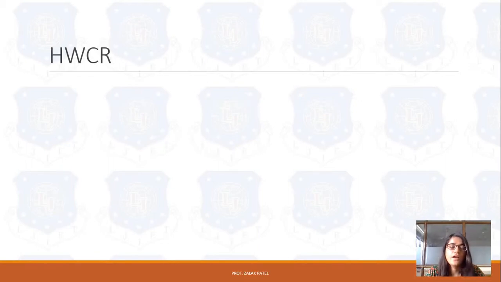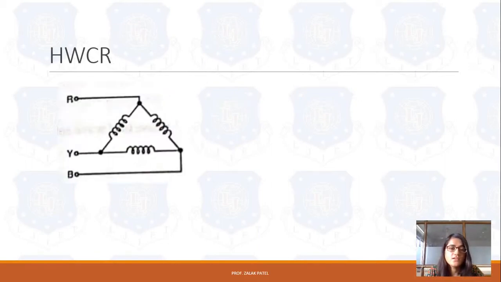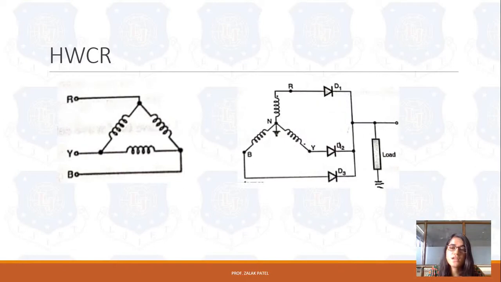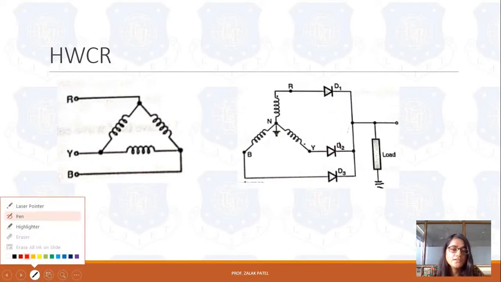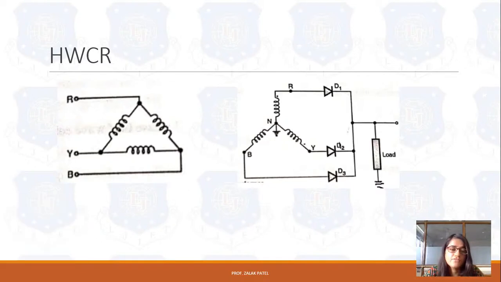First of all, as we discussed in the last lecture, there can be two types of connection. It can be either delta connection or star connection. Here in the figure you can see a simple rectifier without controlling operation. That's why diode 1, diode 2 and diode 3 are connected and the load is connected across them.